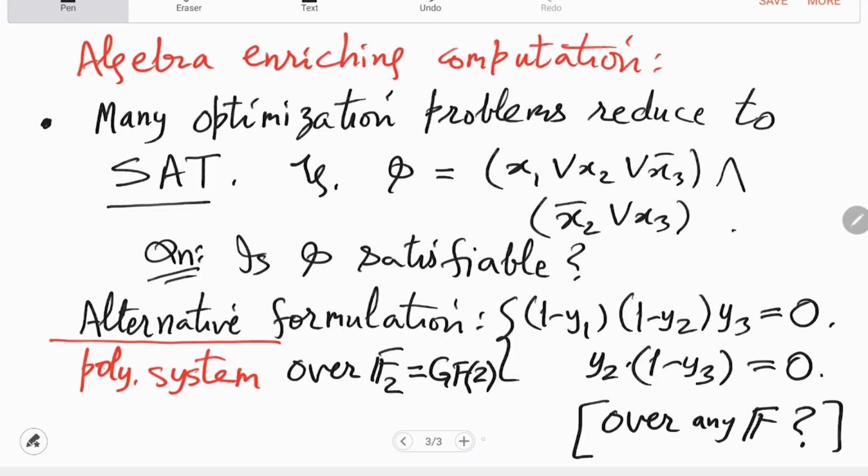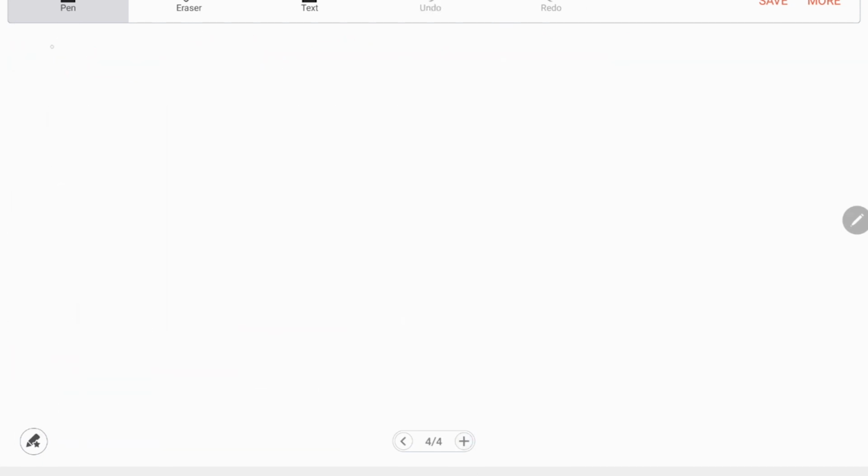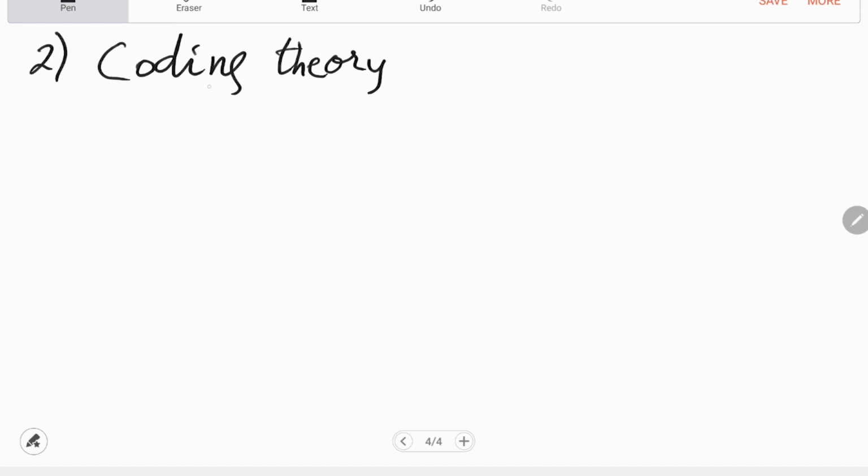Okay. So let's call this the first example. The second example is even more substantial because it is used everywhere in information transmission, which is coding theory. So what is coding theory?